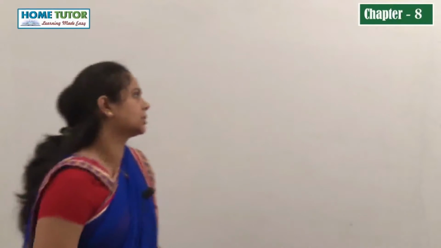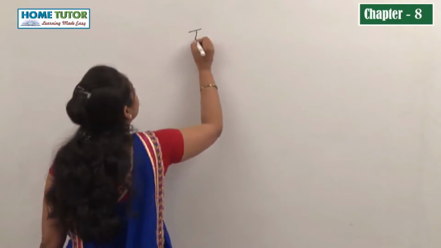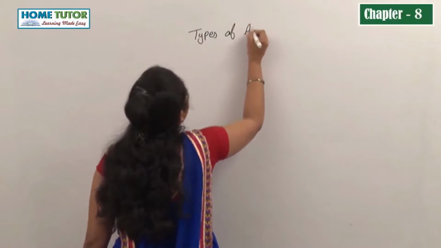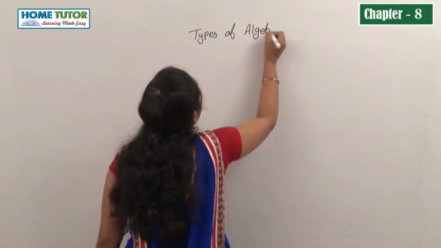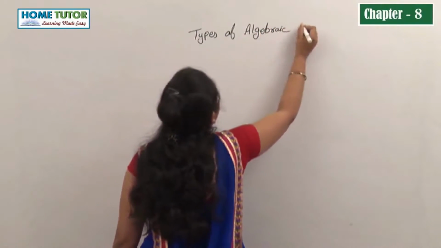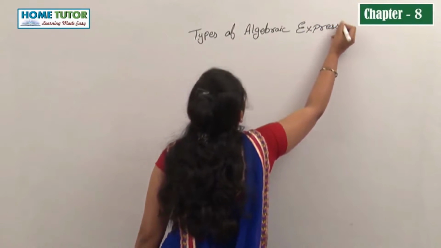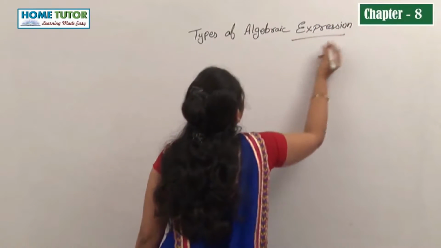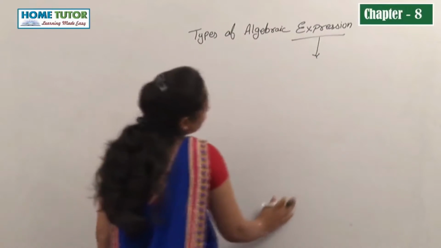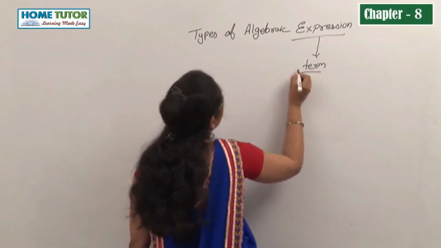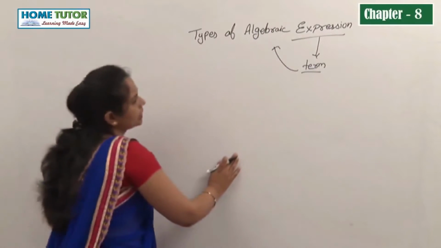Now we will see types of algebraic expressions. Our next topic is types of algebraic expression. Now, an expression is basically referred to as the terms in your algebraic equation.